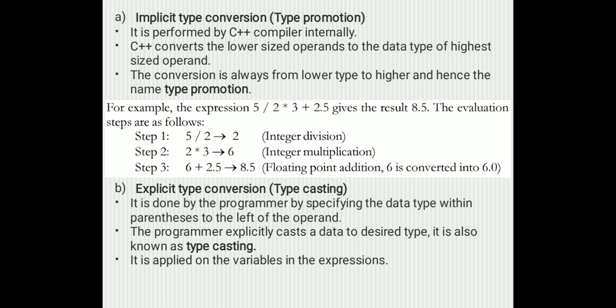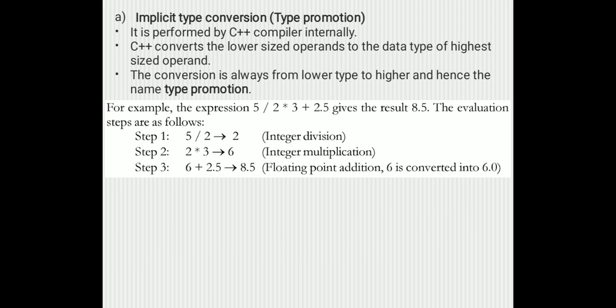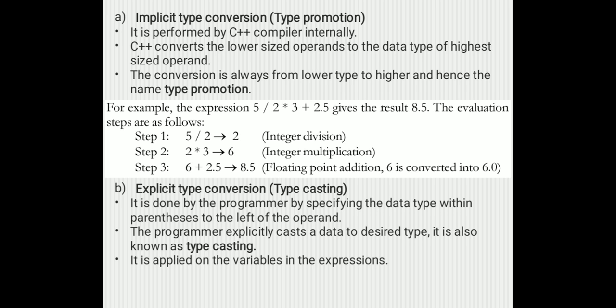And the next type of conversion is explicit conversion. Explicit conversion means type casting. That is, it is done by the programmer. In the case of implicit conversion, it is done by the compiler internally. But in the case of explicit, it is done by the programmer by specifying the data type within parentheses to the left side of the operand, and the programmer explicitly casts data to the desired type.